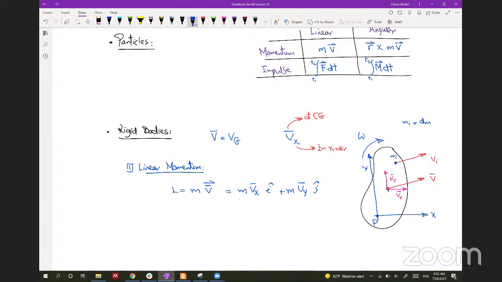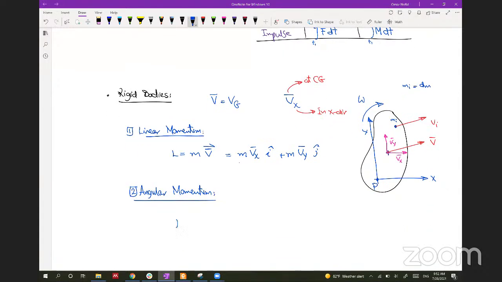Okay, so let's get to the hardest part, which is the angular momentum. For the angular momentum, it's H, and you will have to put a subscript of the point that you are taking the angular momentum about. So I want to take the angular momentum about point P, and this will be for this small mass i.